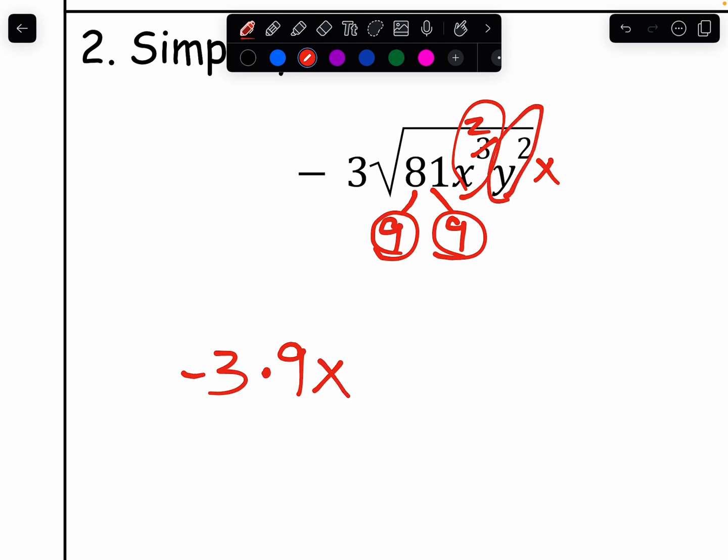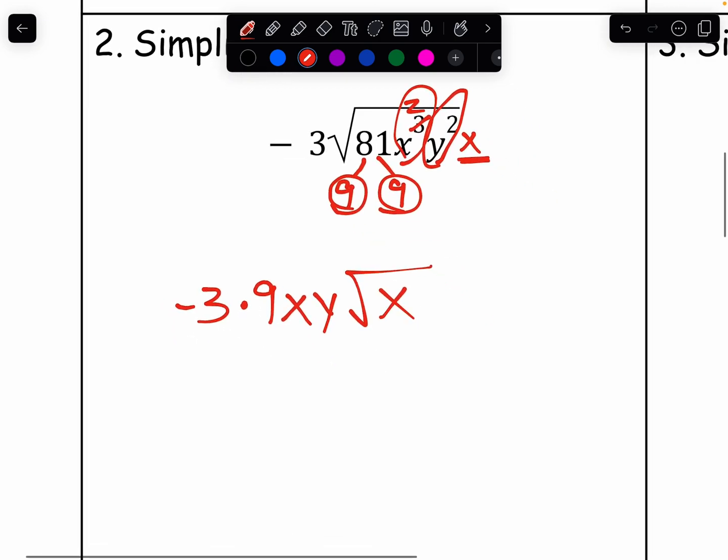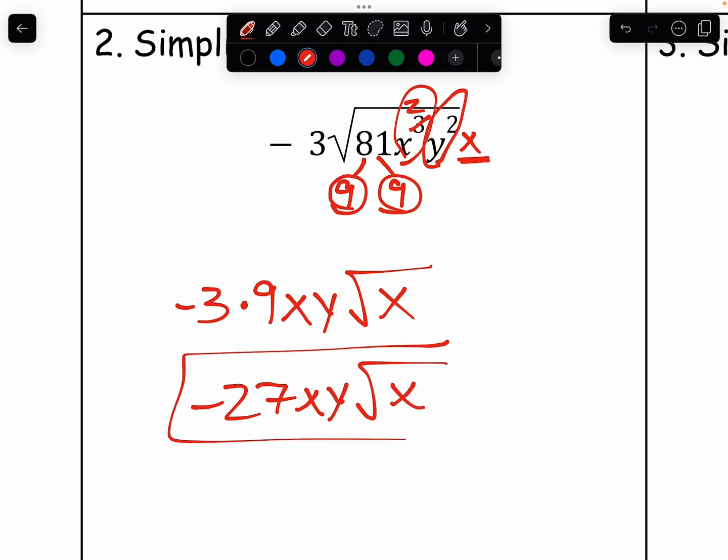Same thing here. 2 divided by 2 is 1. And so now I'm done with that. Square root of, and then this one didn't have anything left over, so that x has to stay in. Okay? So my final answer is -27xy square root of x. Final answer.